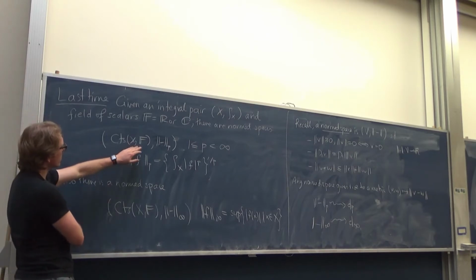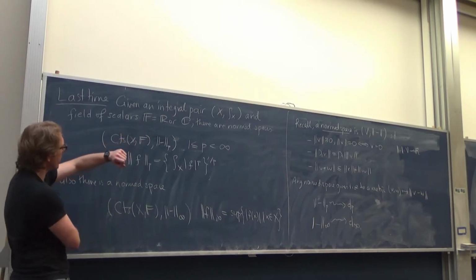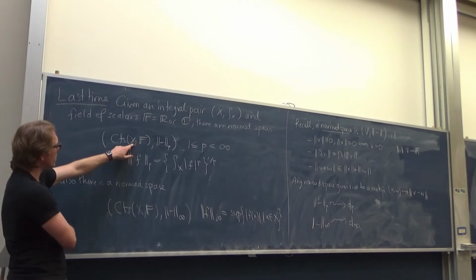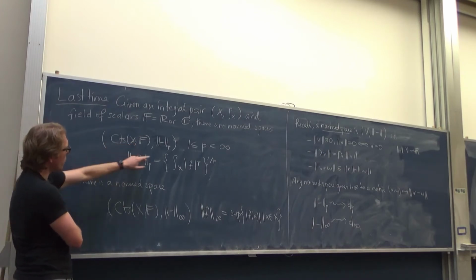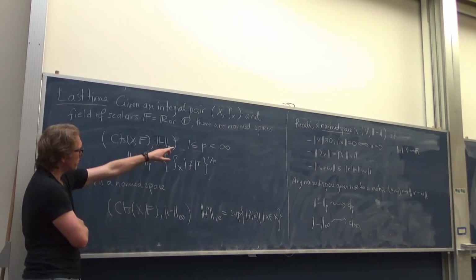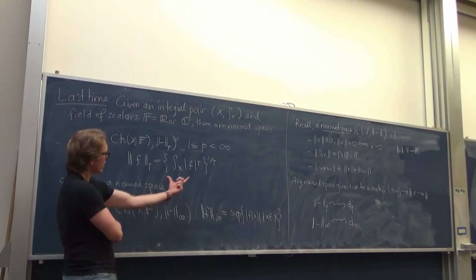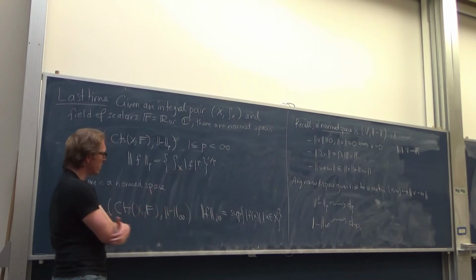So that's an integral pair, and then we take F-valued continuous functions on X together with a norm, the p-norm, which is defined for p greater than or equal to 1, any real number, using the integral by this formula.